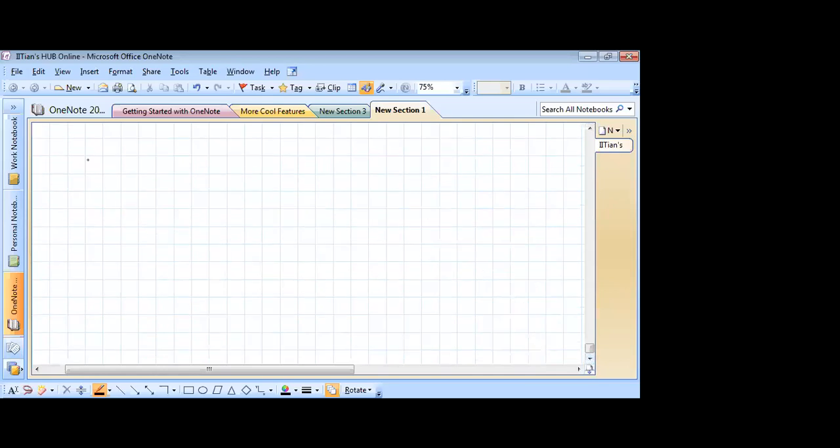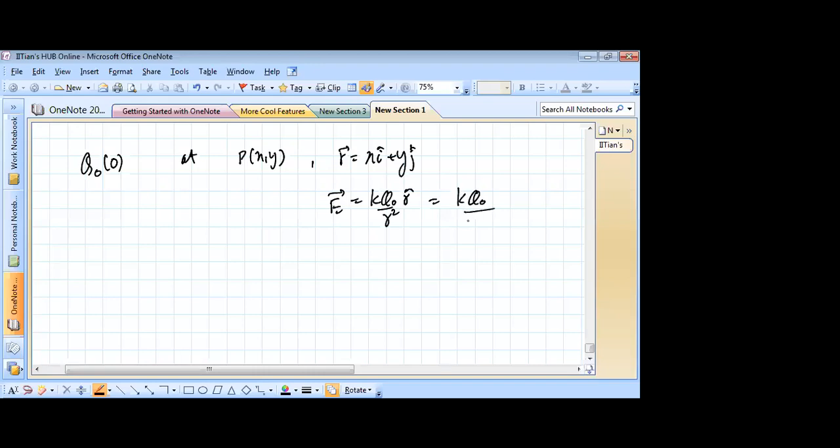Okay, so here a charged particle is at the origin. So at any point x, y, position vector x i cap plus y j cap, the field is Kq naught by r square r cap. So it is Kq naught upon (x square plus y square) to the power 3 by 2 into (x i cap plus y j cap).